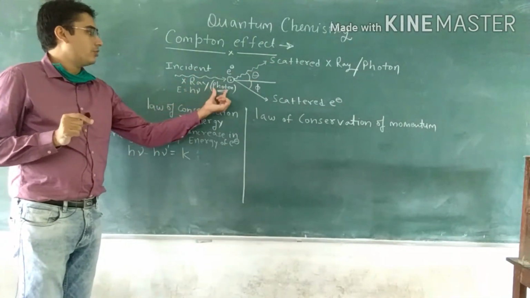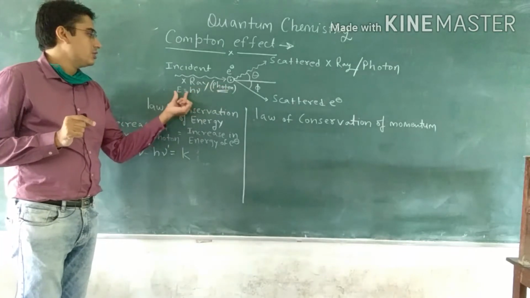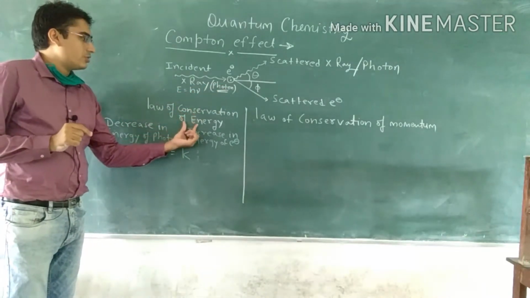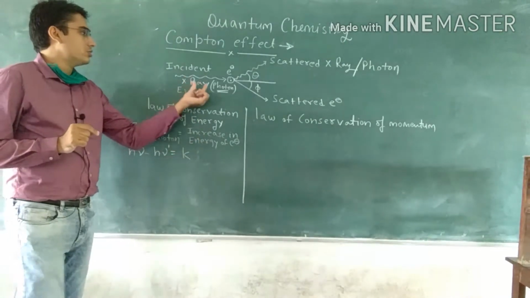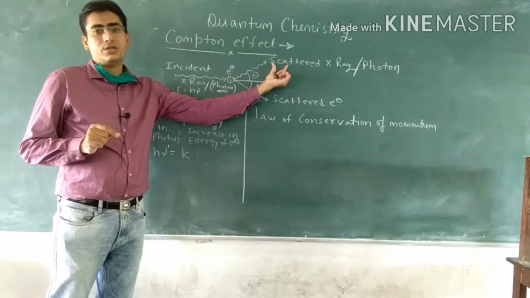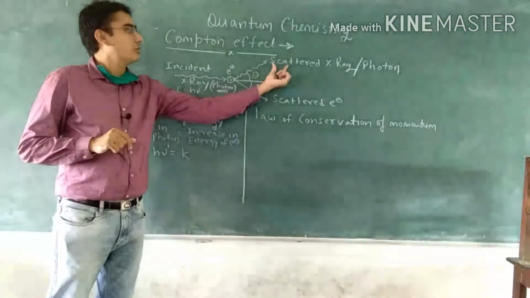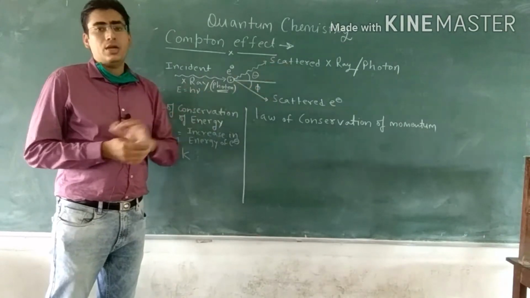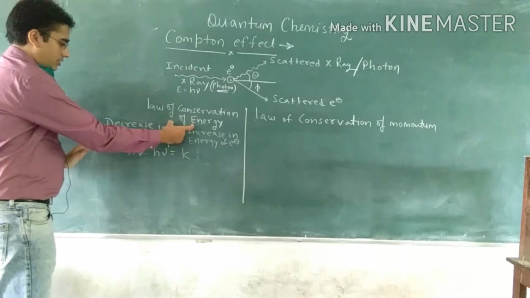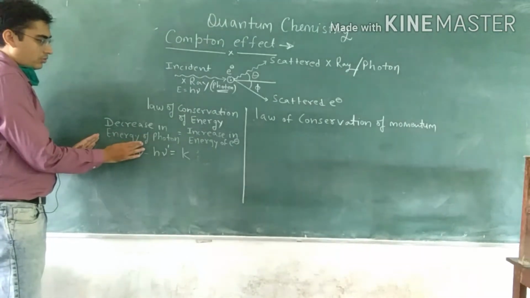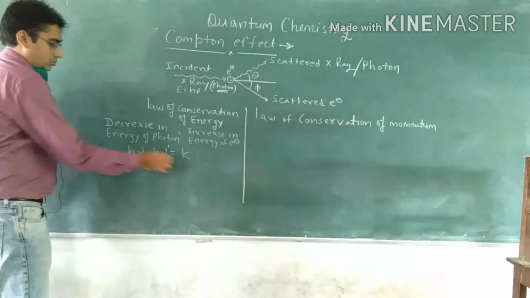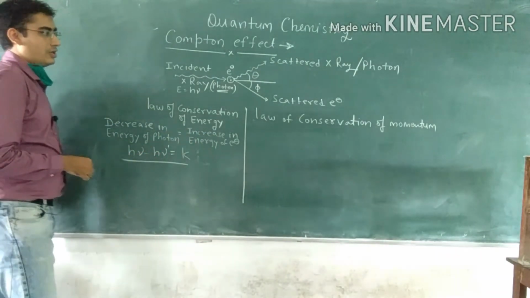X-ray is made up of photons, and the energy of a photon is E equal to h mu. According to the law of conservation of energy, after scattering of the X-ray, the energy of the X-ray will become less and lambda will increase. So the decrease in energy of the photon is equal to the increase in energy of the electron. So this is the law of conservation of energy.